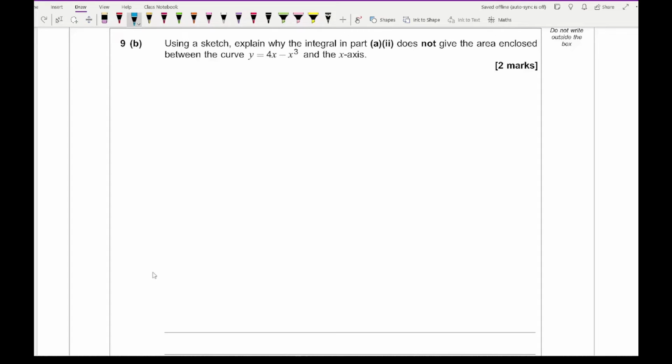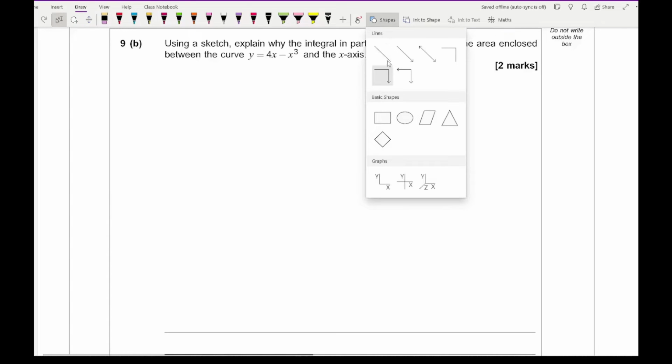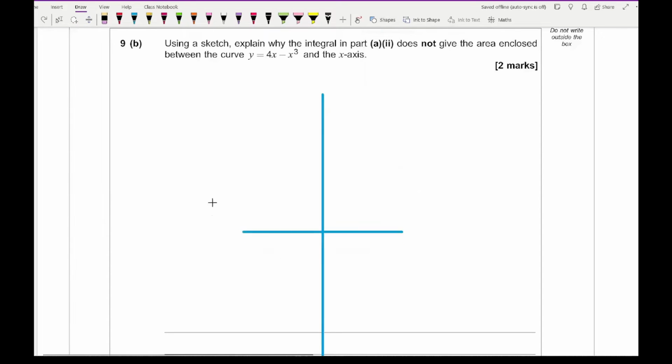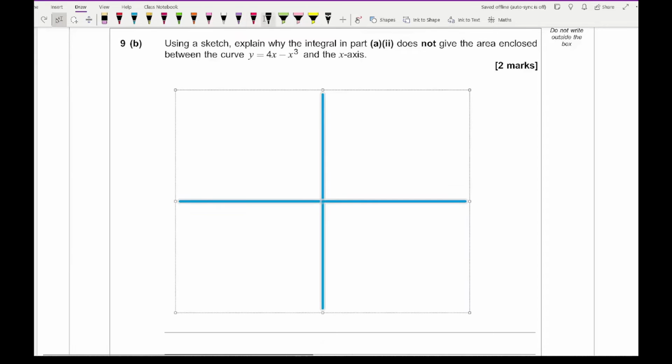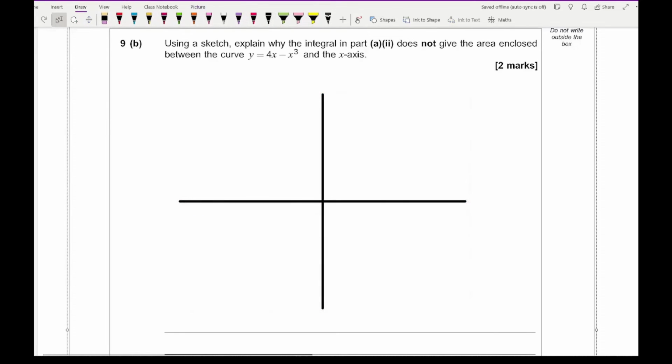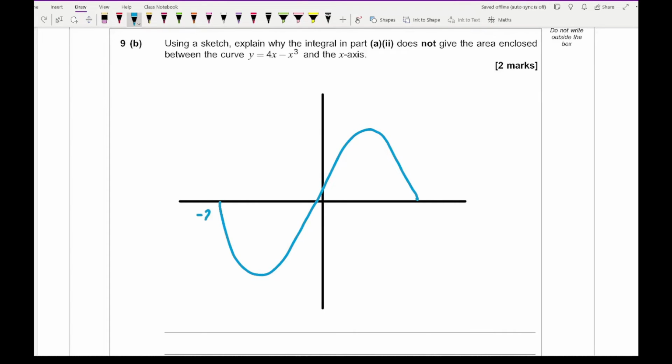Well, the reason for that is because if I actually draw a set of axes, which I will draw roughly accurately, let's do that in black, then what the actual graph looks like is something like this, which is probably poorly drawn, but our limits here are minus 2 and 2. Now here we just need to write some statements saying that the reason why it's 0 is because the area between the limits of minus 2 and 0 is negative, but it's also the same area.